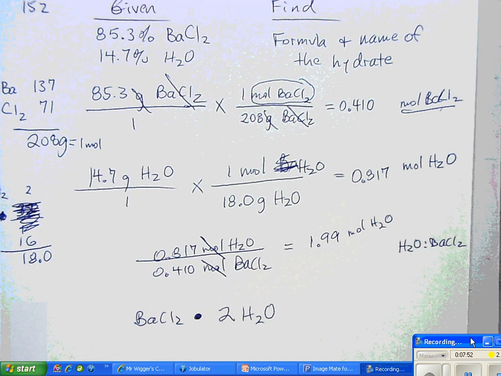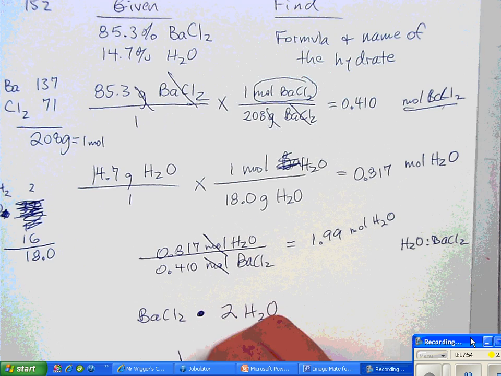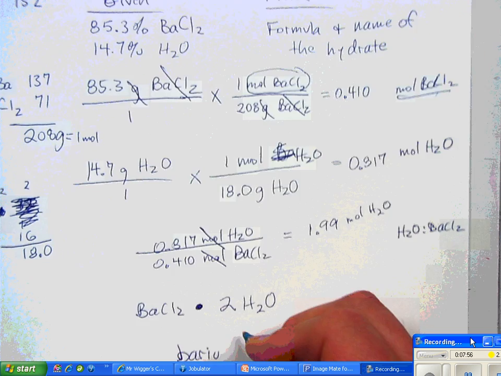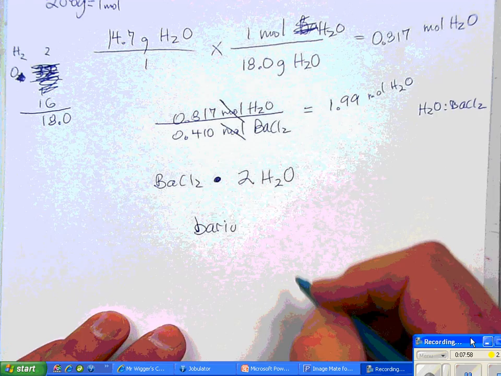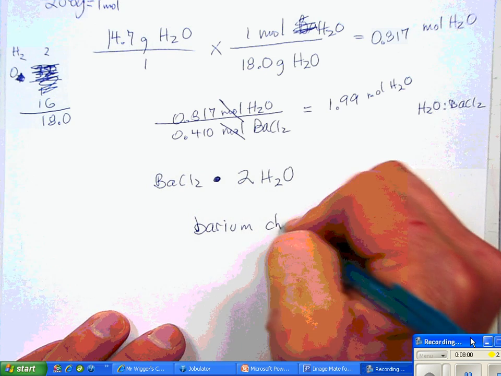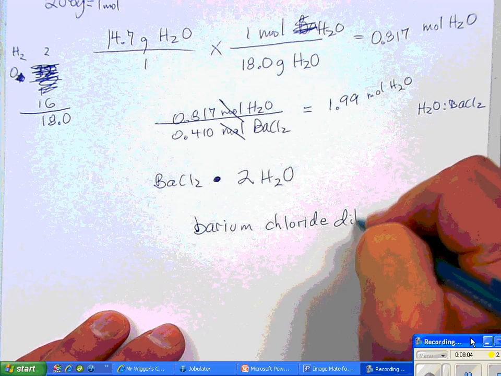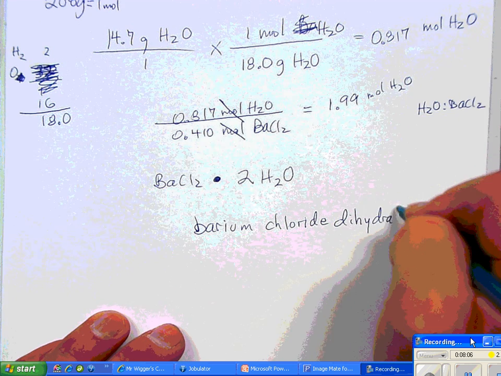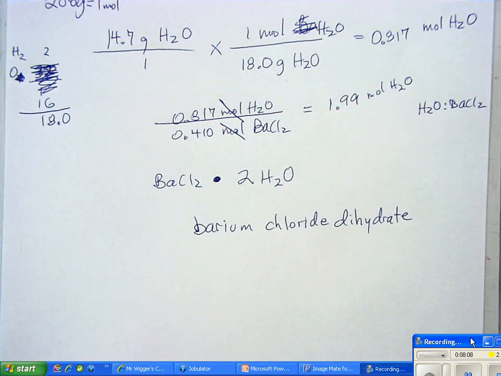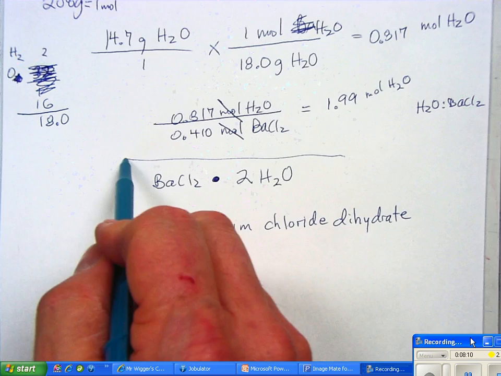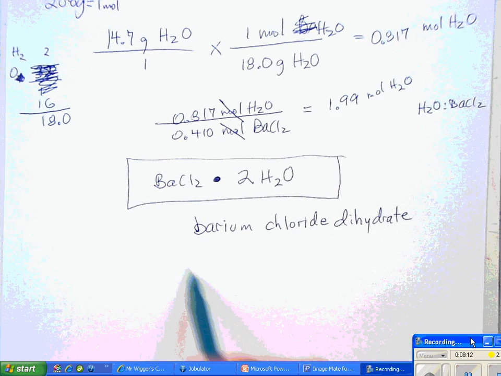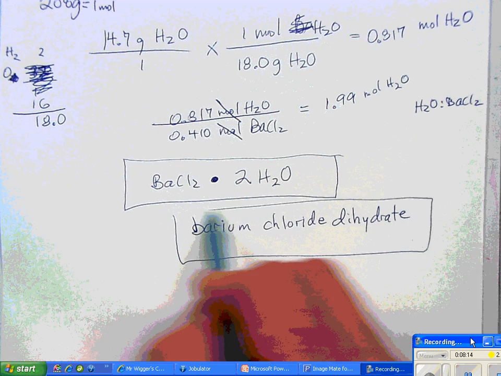And now what's the name? Barium. Okay. Barium chloride. Yes, I heard it. Barium chloride dihydrate. There you go. So here's our formula. There's the name.